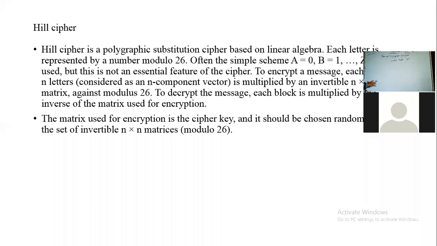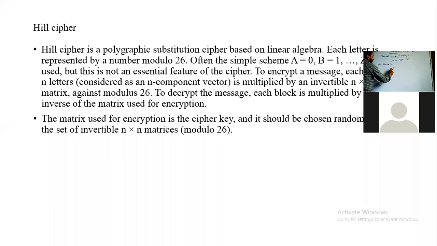And in Hill cipher, for converting the plain text into cipher text, we have a formula for encryption. In this technique we use only the encryption technique.